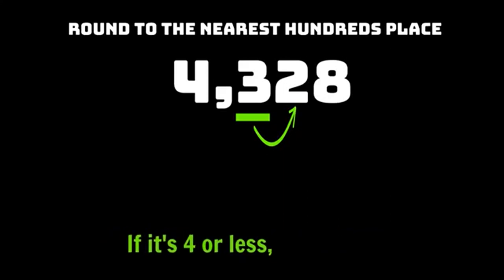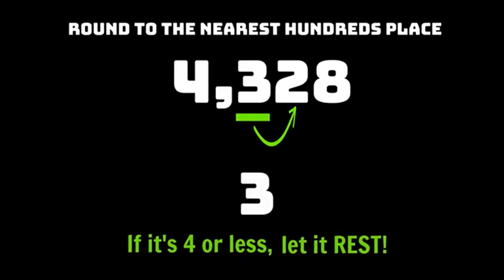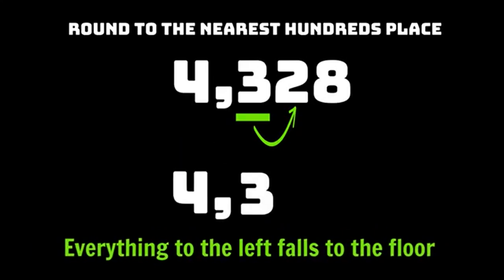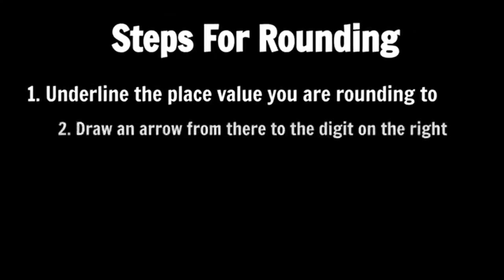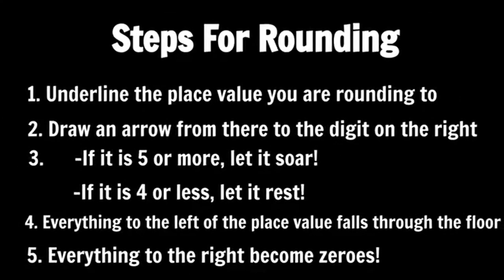If it's 4 or less, let it rest, let it rest. Everything to the left falls to the floor, the rest to the right becomes 0 no more. Find the place value you want to round to. Underline the digit. To the right is your clue.